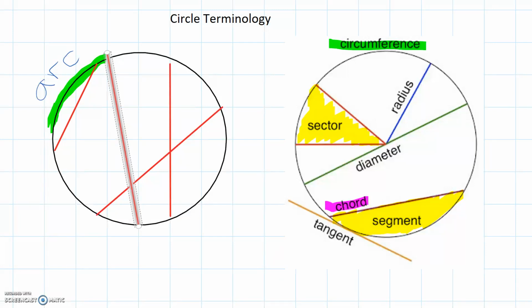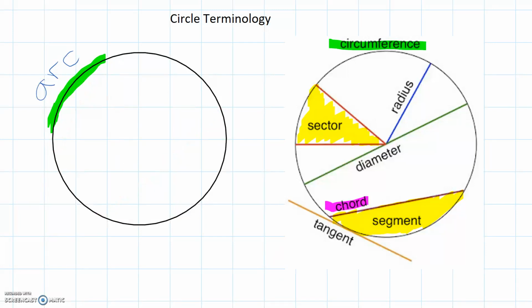Okay, if we tidy up a bit, there's one special chord, and that one we're going to call the diameter. So the diameter is probably one you know already. The diameter is the chord that goes exactly through the centre of the circle. So for example, that would be a diameter. My centre point is here, and that straight line goes exactly through the centre.